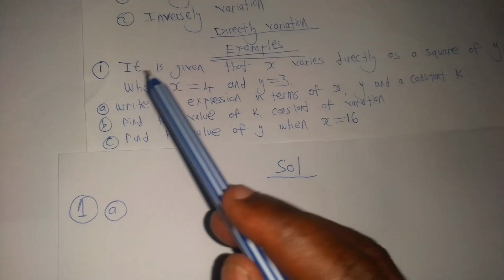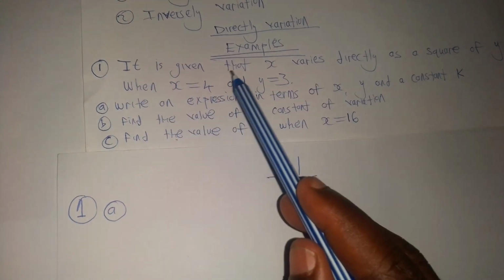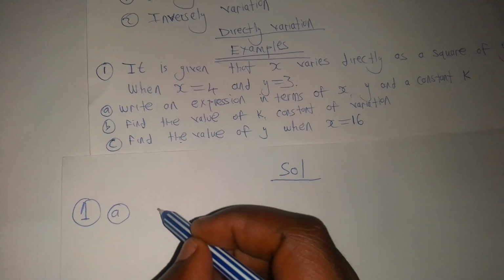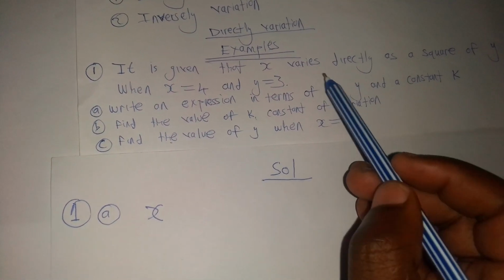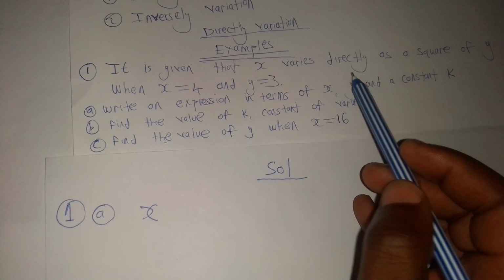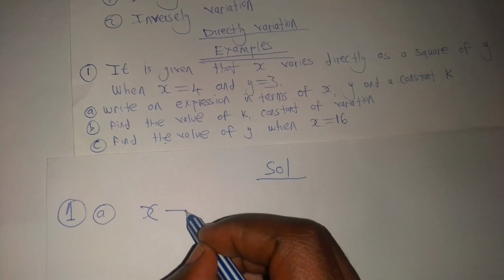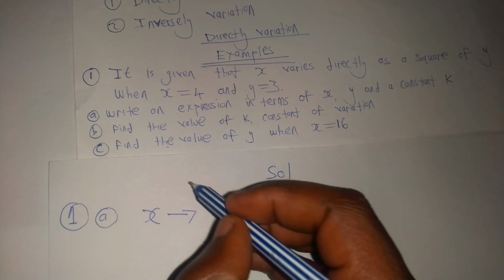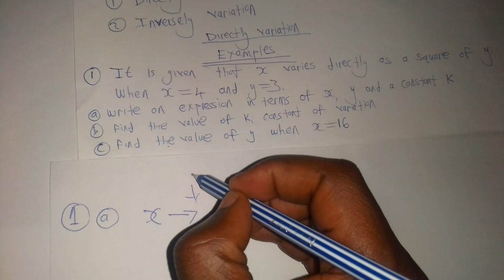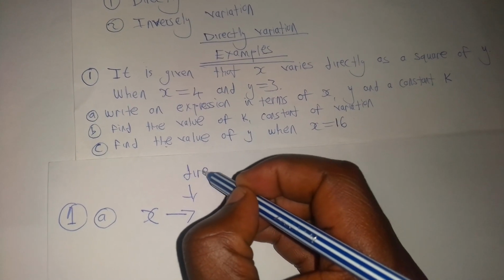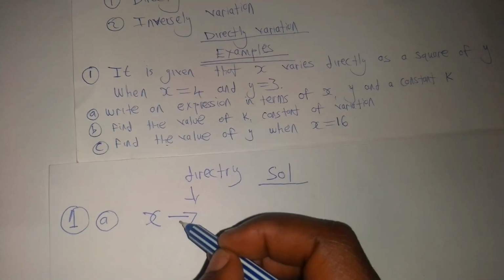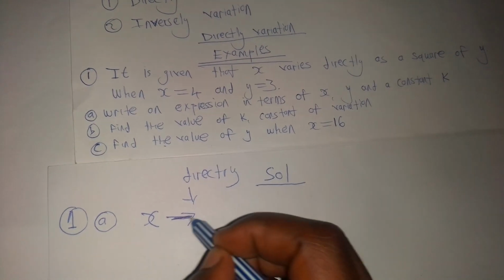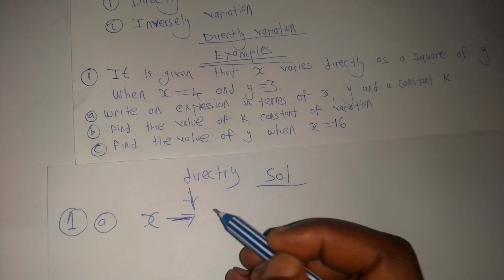Now they're saying it is given that x, so you write x, varies directly. So it is going direct. This arrow here represents directly.